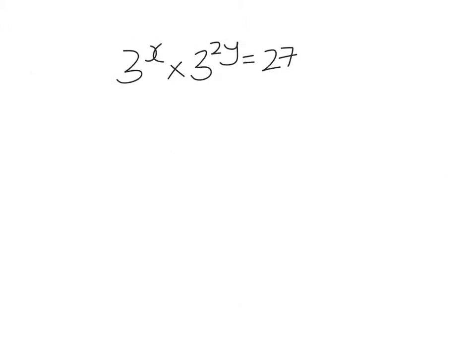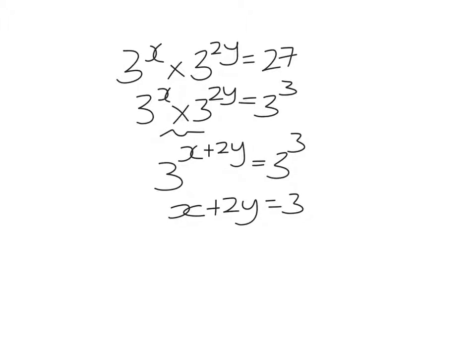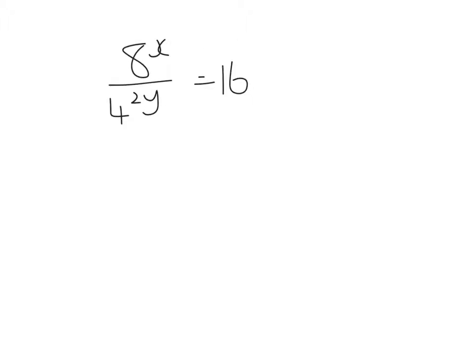Key to indices is the same base, so I'm going to start by rewriting 27 as 3 to the power 3. I'm then going to use my rules of indices, and if I multiply, I can add the powers. So 3 to the power x plus 2y has to equal 3 cubed, which gives me that x plus 2y equals 3. I'm going to do exactly the same with my second equation.